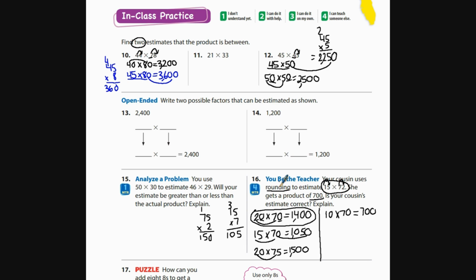Compatible numbers is compatible numbers. So in that case, no, your cousin is incorrect. Because she used 10 as a compatible number to 15 and then rounded 72 to 70, and that gave her 700. So the answer is no, she is wrong.